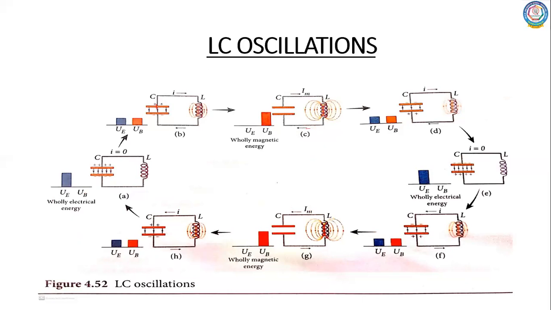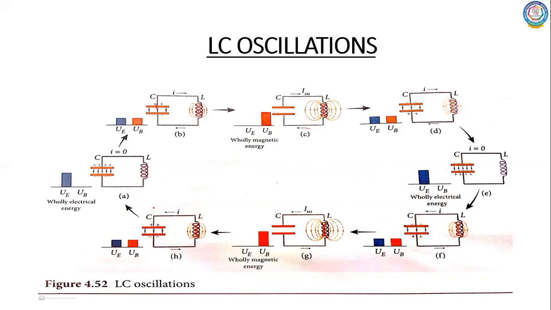Now we are moving on to the last case, which is H. What is happening here? Again the electrical energy starts getting exhausted. Still the current is moving in the anti-clockwise direction. Since the energy in the inductor is decreasing, the capacitor is getting charged. Now in this case you have both magnetic energy as well as electrical energy.